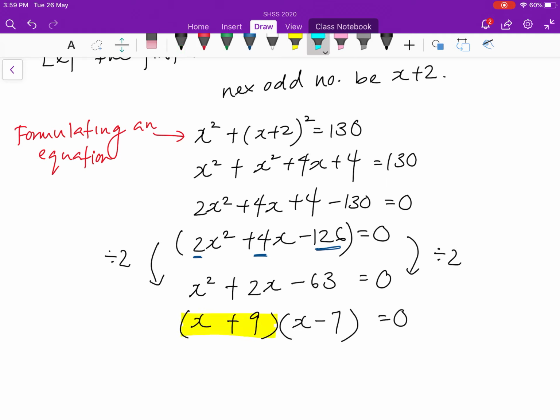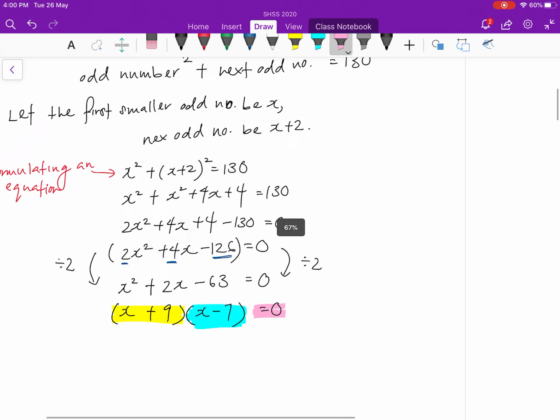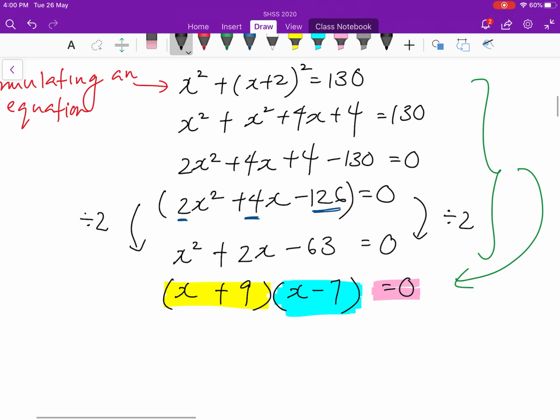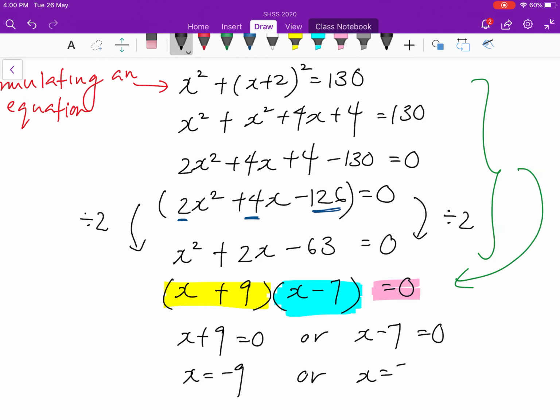Yellow times blue equals to 0. See, whatever I do on top, again, I repeat, it's just to get me to this stage here. Then it's either the yellow one equals to 0 or the blue color one equals to 0. Bring over the 9, bring over the 7.